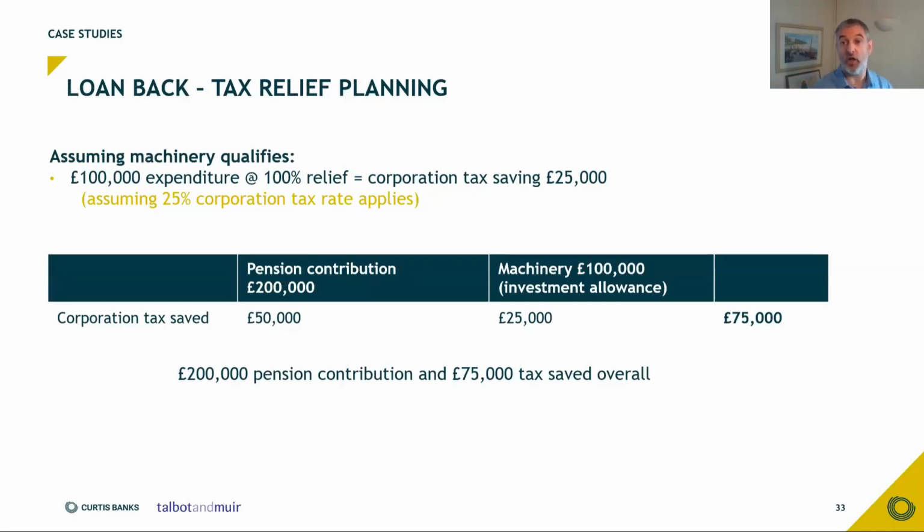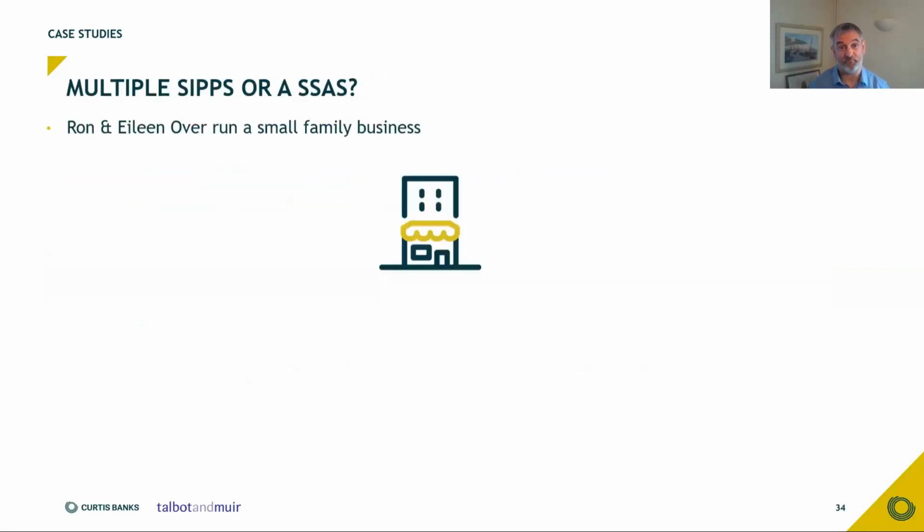So the same £200,000 expense has now attracted £75,000 corporation tax relief. Yes, the business owes the SSAS money, but that money's being repaid into the director's pension. Yes, it's liable for interest, but the interest should be an allowable deduction from profits, and that's an investment return back into the SSAS. I'll hand back over to Gemma.